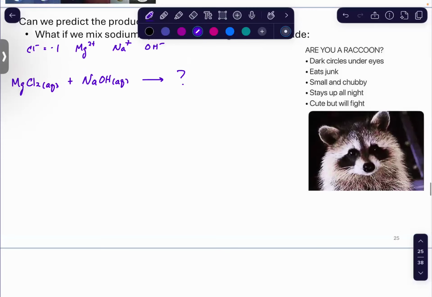Now, let's go ahead and write these. What are all the ions that we have present? Well, we have magnesium. This is where you're going to want to start watching. Ions will only exist in the aqueous phase. So if you have any other phase, you're going to start to get things marked wrong.